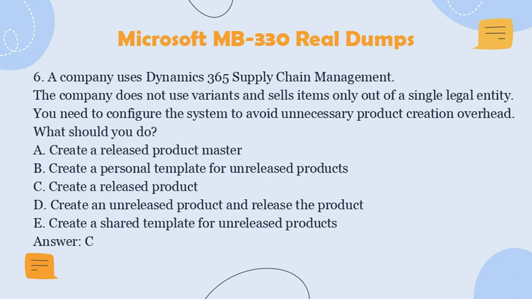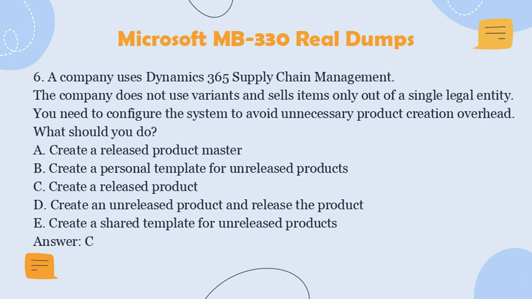6. A company uses Dynamics 365 Supply Chain Management. The company does not use variants and sells items only out of a single legal entity. You need to configure the system to avoid unnecessary product creation overhead. What should you do?